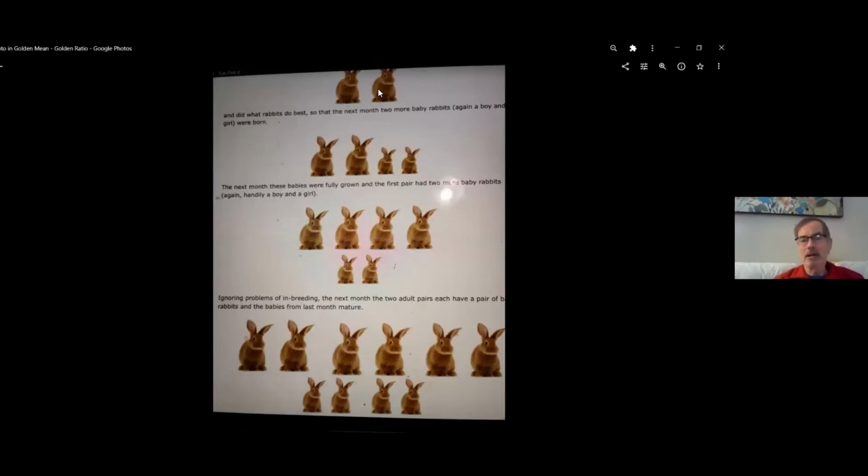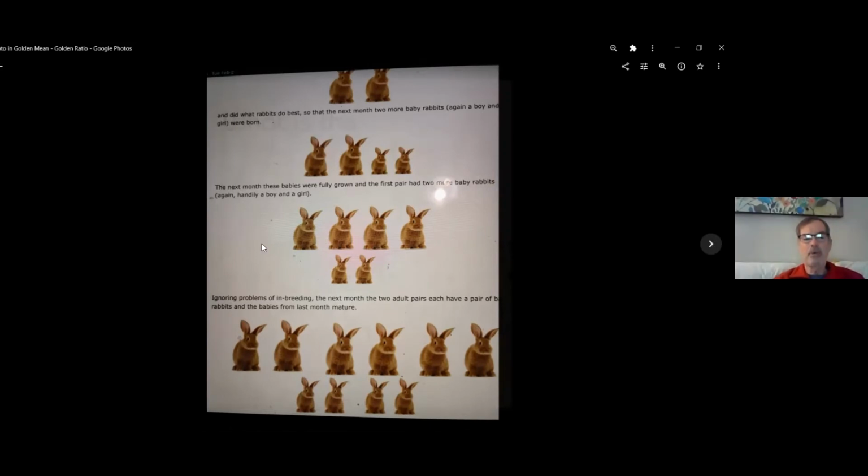Then they have another pair, and then every month each pair has another pair. They each have more pairs a month later, and that goes on forever and ever. And he put this little problem. By the way, this blockhead, son of simpleton, was obviously brilliant.